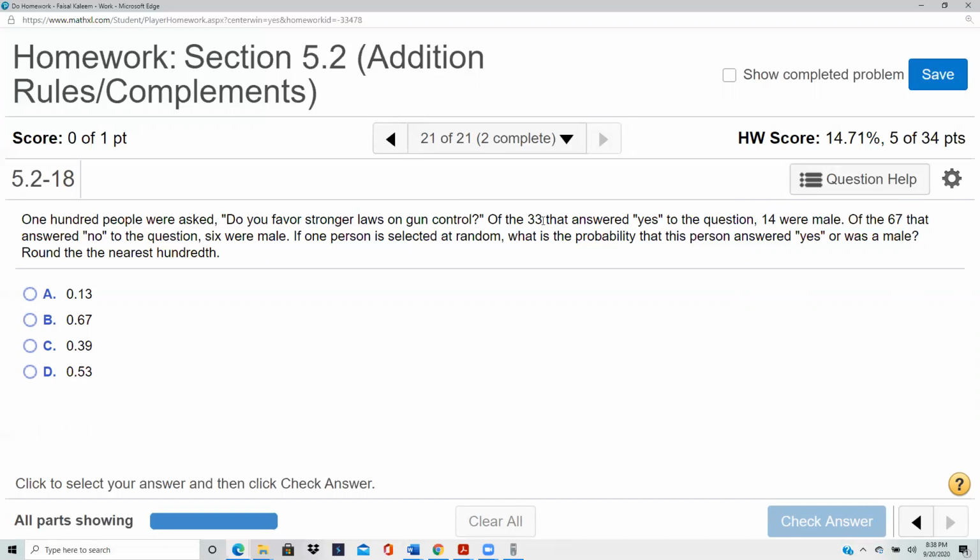The 33 are yes, and they have some males, and the only other males are the 6 who answered no. So 33 plus 6 would be 39, and the total people are 100, because 33 answered yes and 67 answered no. So 100 people total, and yes or male was this 33 plus the additional 6 males. So 39 out of 100 is 0.39.